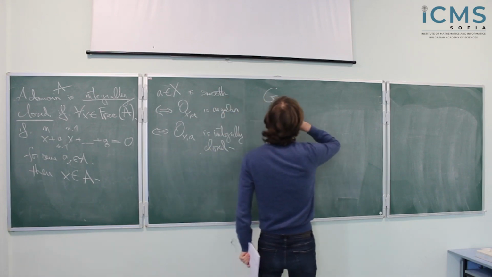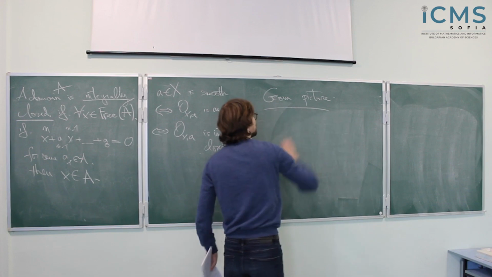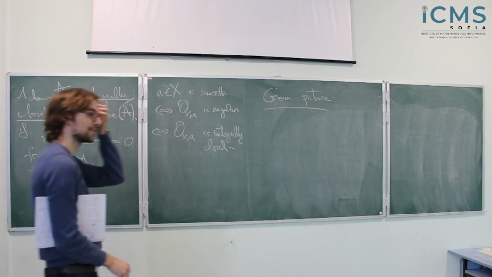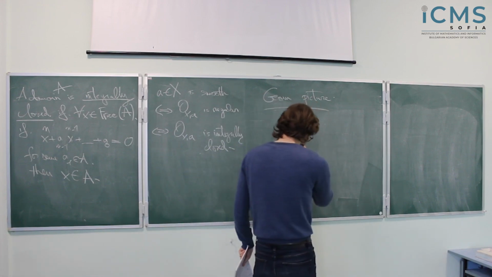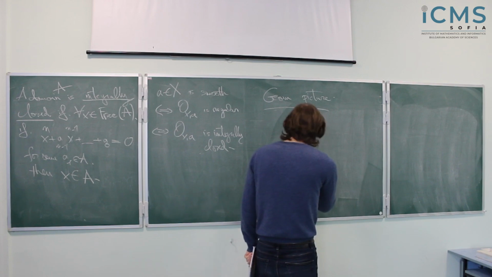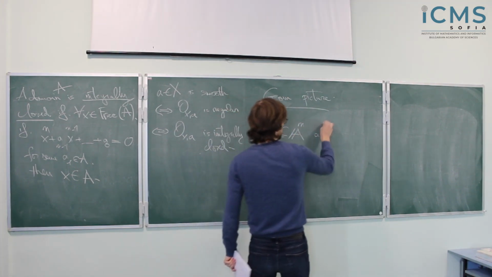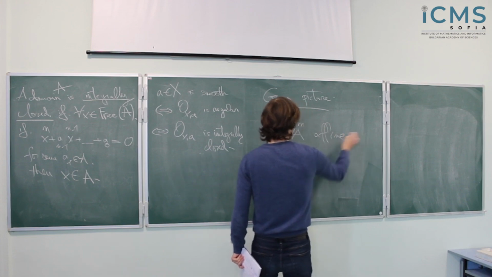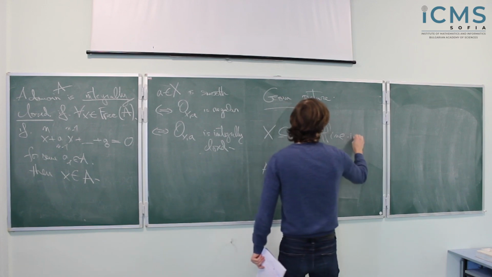Geometric picture. Yeah, because it's not clear where this equation comes from. What's the connection with the geometry? Okay, so let's see, how could I introduce this? Take X affine, and A of X is an affine irreducible.